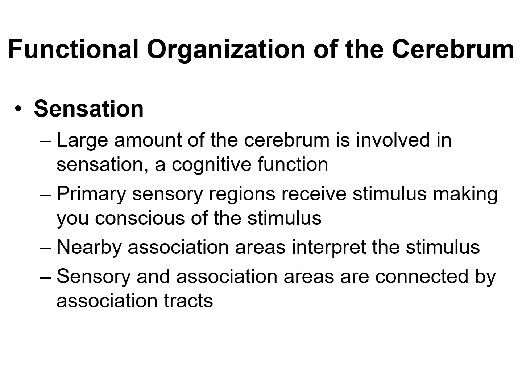The sensory and association areas are connected by those association tracts, which connect the gray matter of one gyrus to the gray matter in a nearby gyrus of the same cerebral hemisphere.